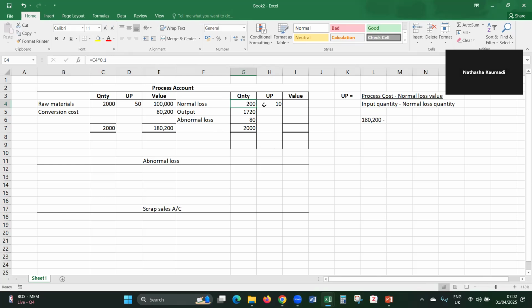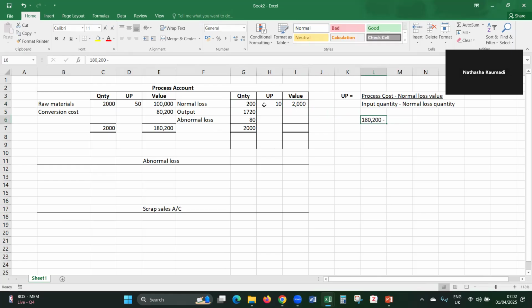That is your scrap sales revenue. So what is that value? 200 units you can sell at a price of 10. That means even though you have normal losses, you can sell these 200 kilograms at a price of 10 and earn 2000. So that is your normal loss value. You're putting a value here.